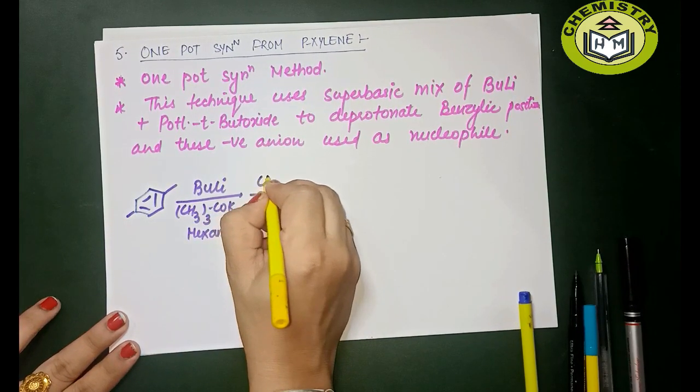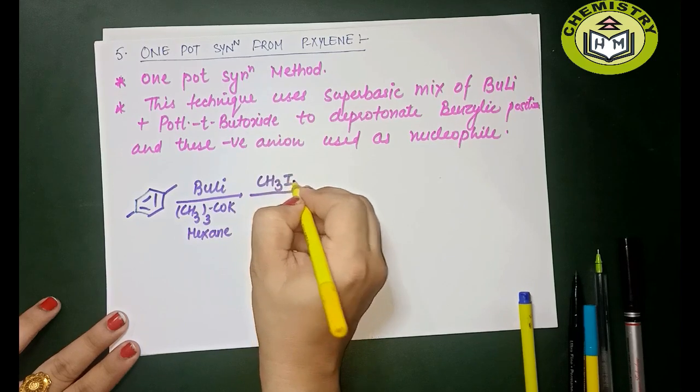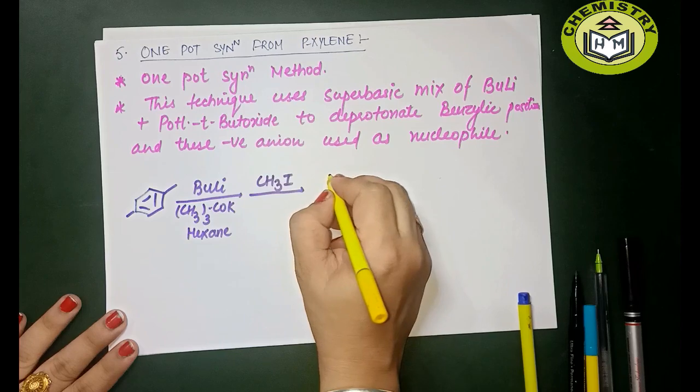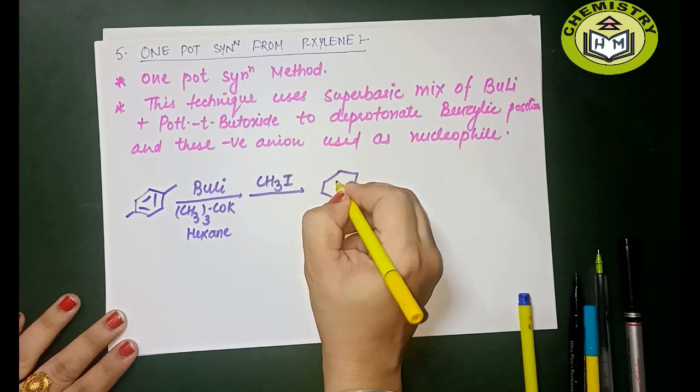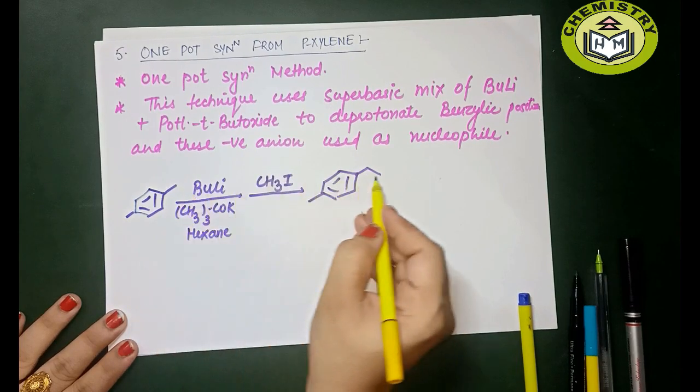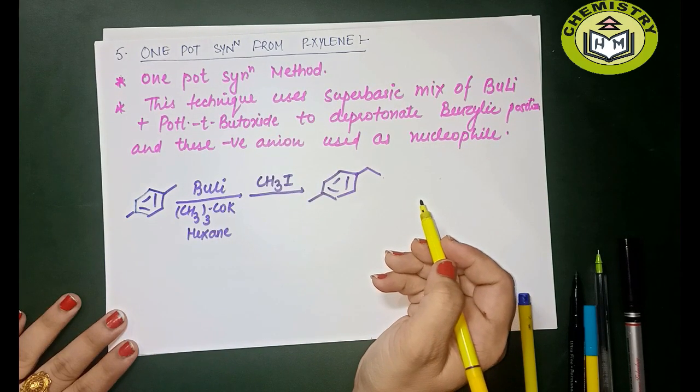After this it becomes a negatively charged anion, then it reacts with CH3I for methylation, okay, and we are getting one CH3 added on this position, okay.